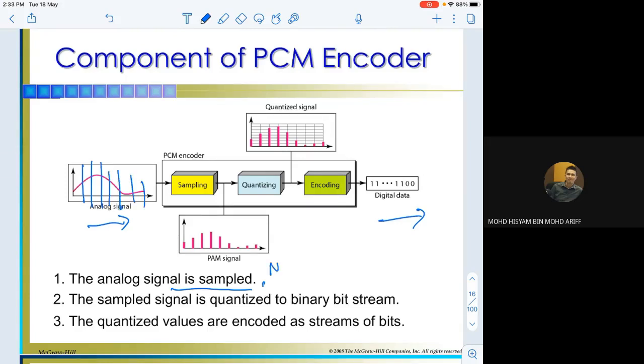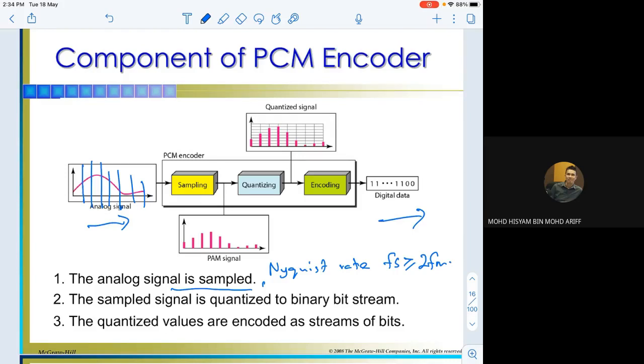Normally we use the Nyquist rate. What is the Nyquist rate? Fs is bigger than or the same as Fm, the information signal.